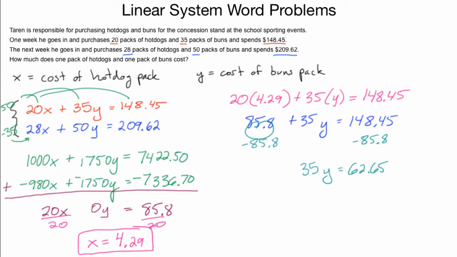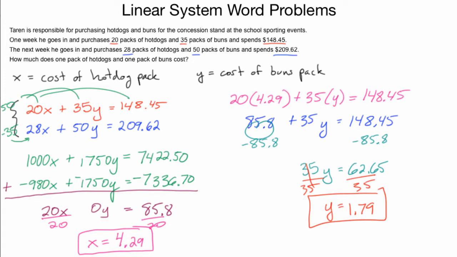And on my last step, we're going to divide both sides by 35 to solve for what y is. So I get y equals, if I divide those, we get $1.79 exactly. Okay, so not too bad, some big numbers, but we ended up with some very exact values. Exactly an x value of 4.29, exactly a y value of 1.79.